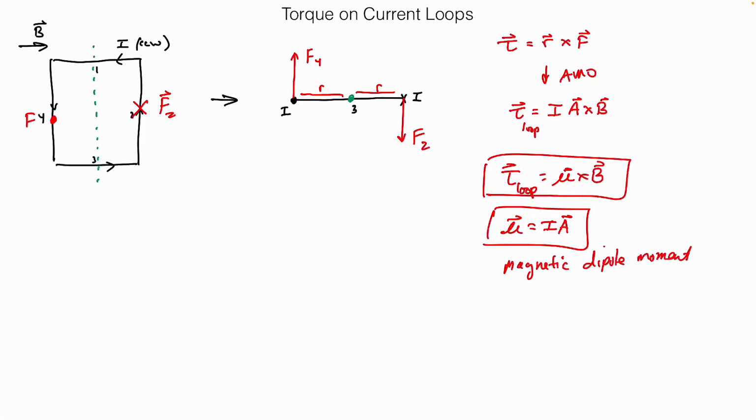We define the direction of this area. Remember how we had a little bit of ambiguity back in Gauss's law with what direction the area could be? I just kind of said, well, it's outwards, and left it at that. Well, actually, we have a right-hand rule for defining the direction of the area when it comes to these currents. What right-hand rule have we been doing so far?